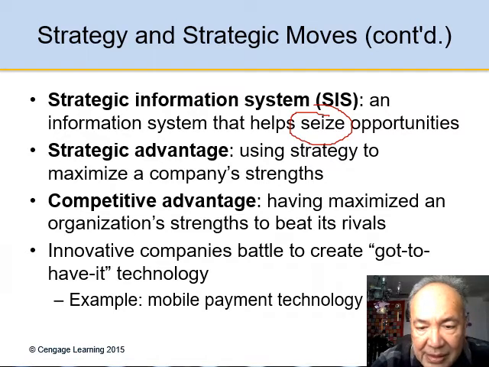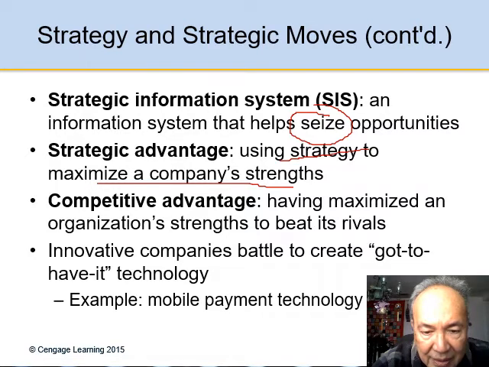Strategic advantage: using strategy to maximize a company's strength. Now, what is competitive advantage? Having maximized an organization's strength to beat its rivals. So innovative companies battle to create got-to-have-it technology.